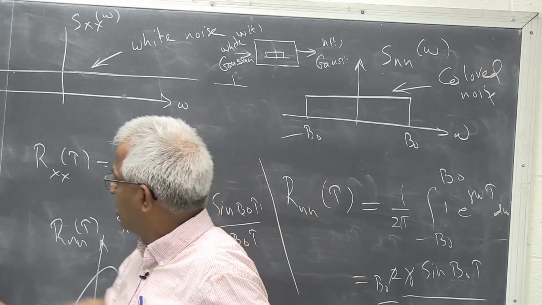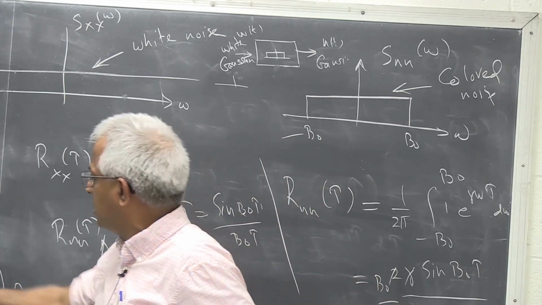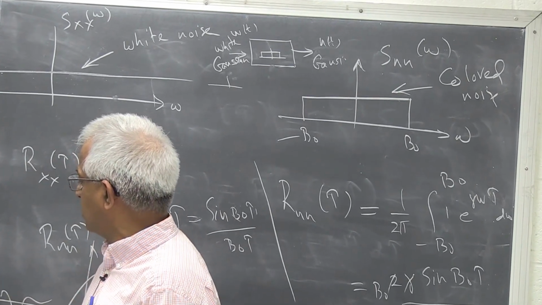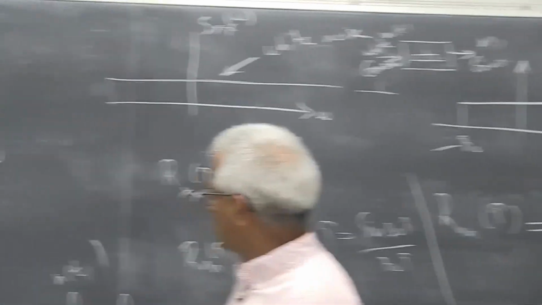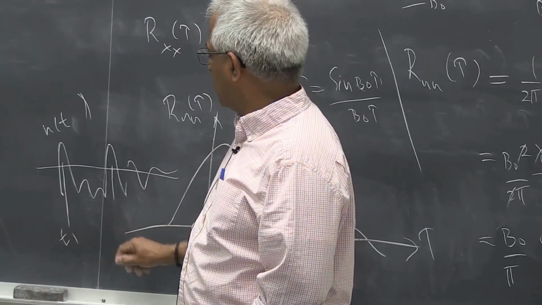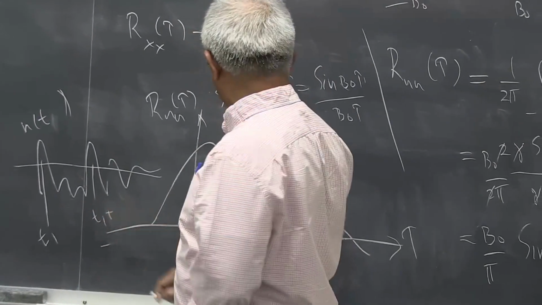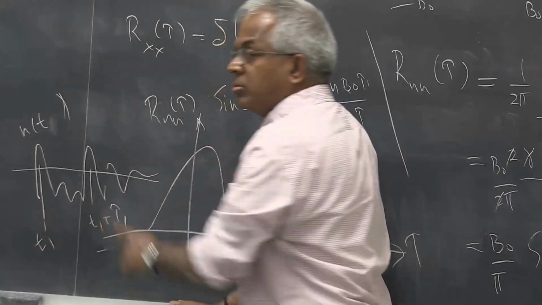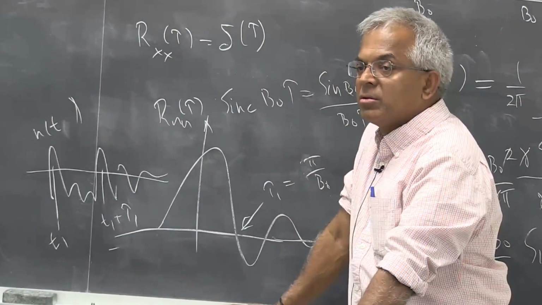So if you have this process n of t, let's say this is one realization. Suppose I take some time instant t1 here, and I take another time instant t1 plus tau1. What will be the correlation between these two samples? Anybody?